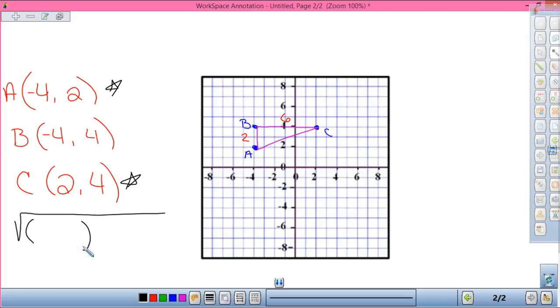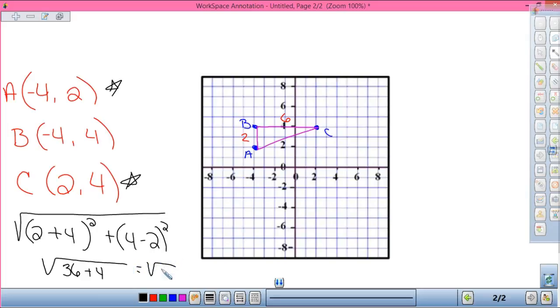So what goes in my first set of parentheses? 2 plus 4 squared plus 4 minus 2 squared. 6 squared is 36 plus 4 minus 2 is 2. Squared is 4. So I get the square root of 40.